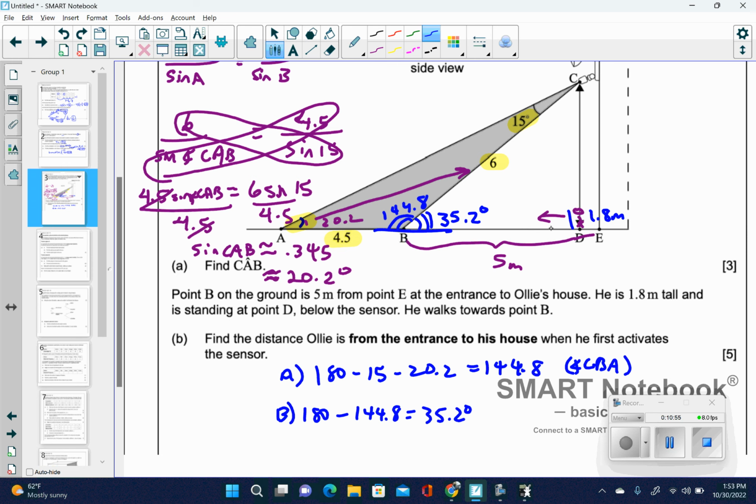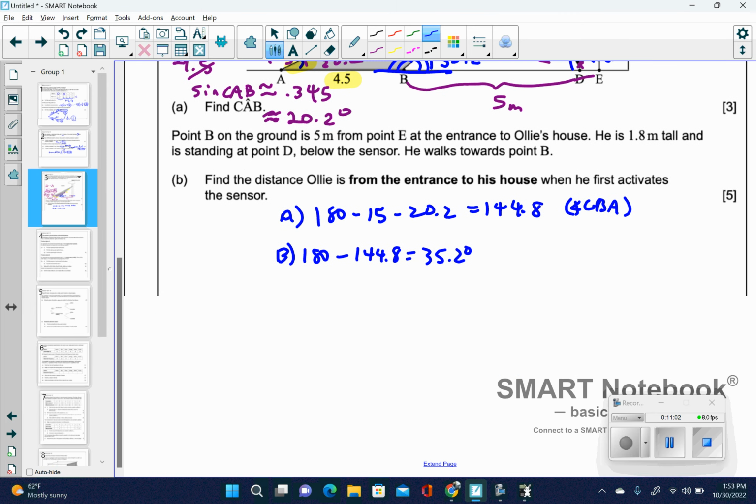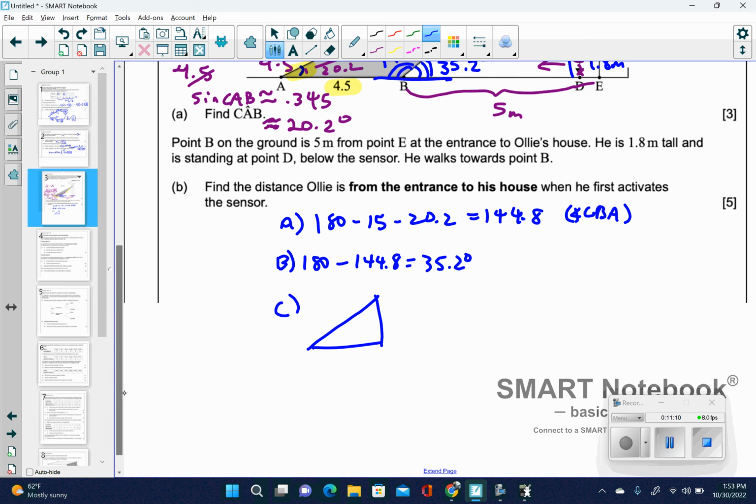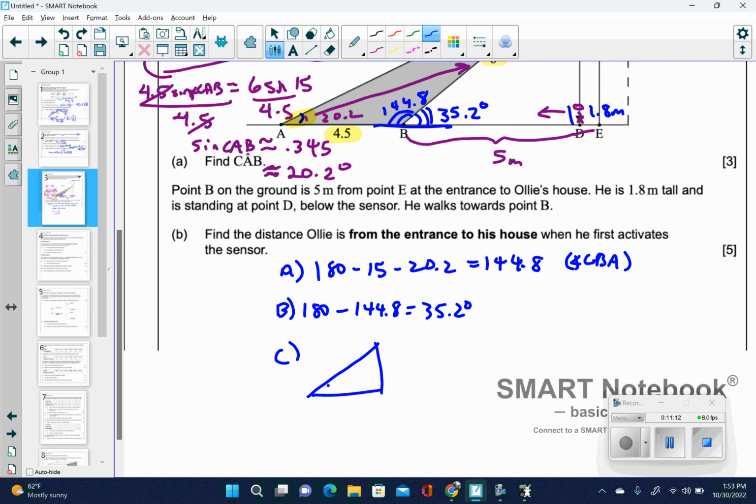Okay, so let's go ahead and see if we can take, this is now part C. All right, so I'm going to just go ahead and redraw that triangle that I just drew, which is 35.2.